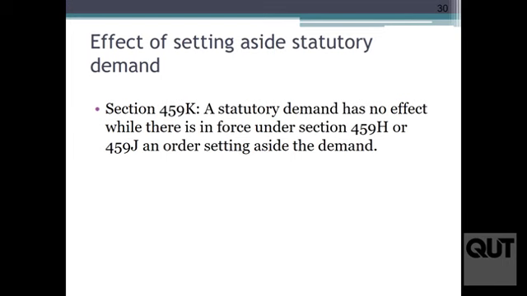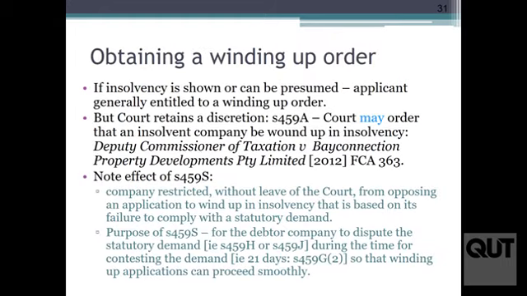But if that fails, then the creditor can also attempt to have the debtor company wound up by simply proving insolvency. But we've talked about how that can be difficult for a third party outsider, a creditor, to prove. And it's a time-consuming process as well.